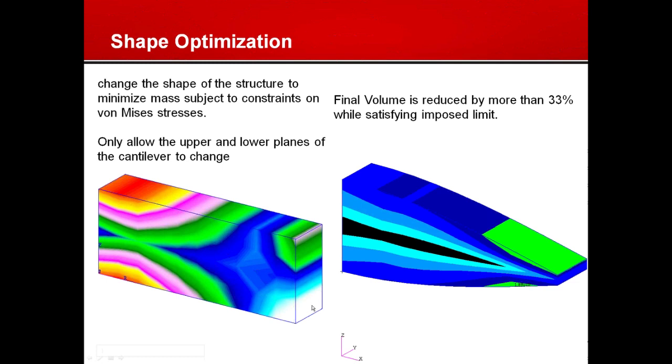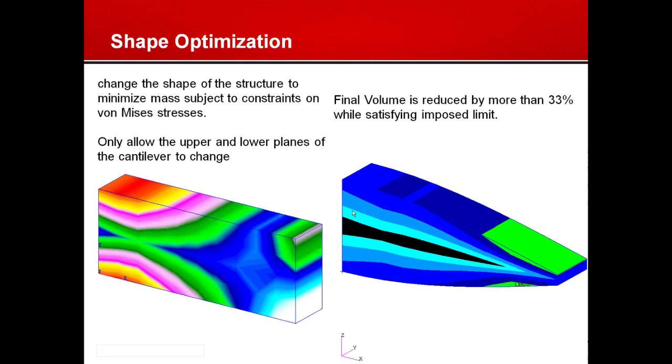So we provided the shapes for the top and bottom surfaces by applying unit loads to it and creating the shape factors. That resulted in this shape that you see on the right-hand side with a volume that was reduced by more than 33%.